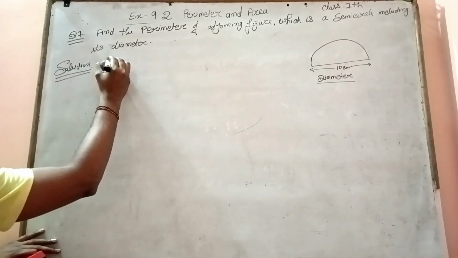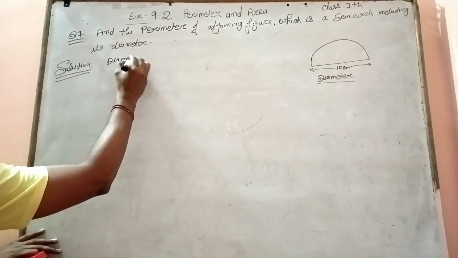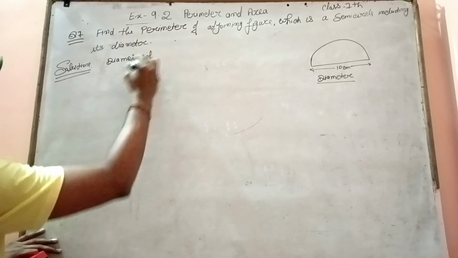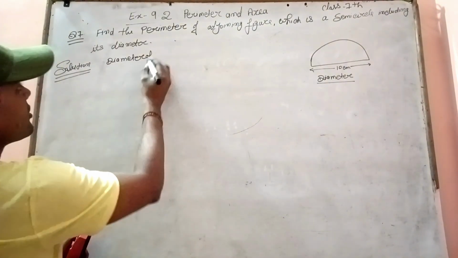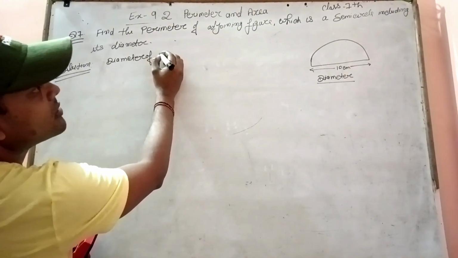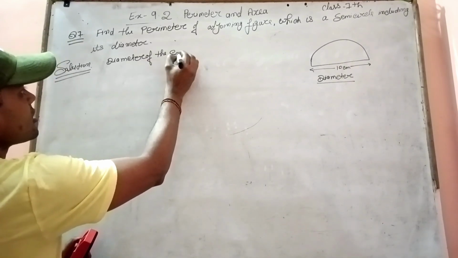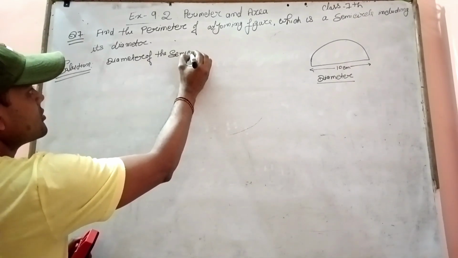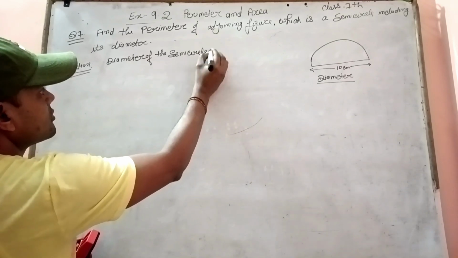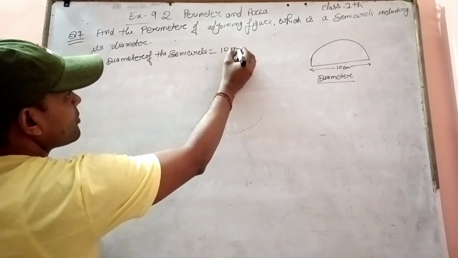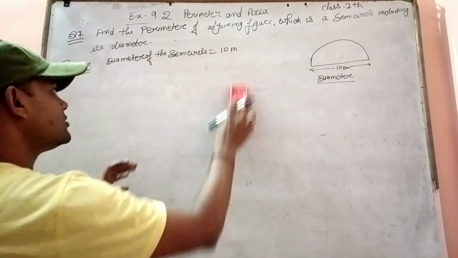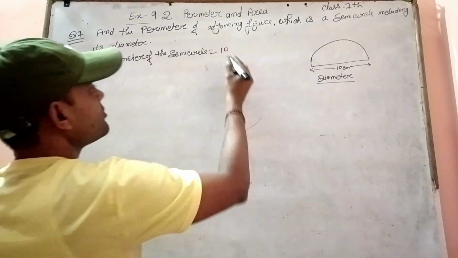Solution: diameter of the semicircle is equal to 10 centimeter.